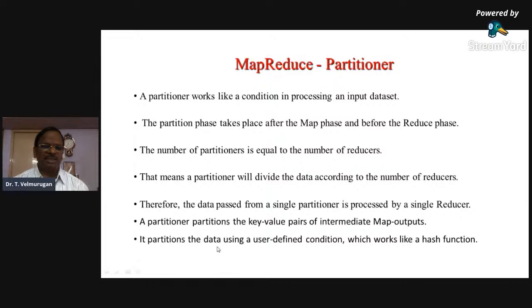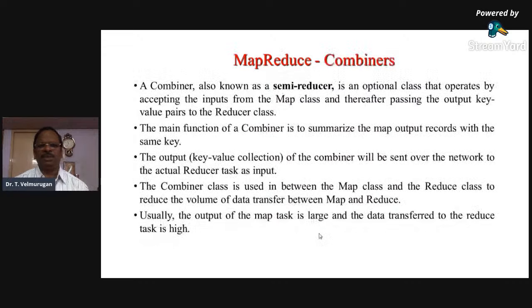It partitions the data using a user-defined condition, which works like a hash function. The input text of the MapReduce mapper function is partitioned into several clusters, which is done by the partitioner. We have some special operations available in the partitioner.